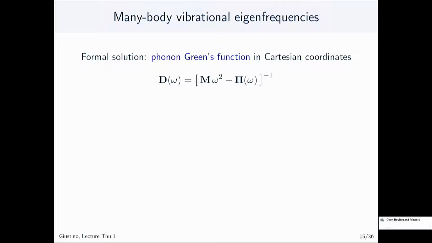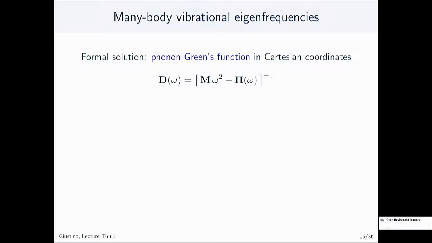If you forget the matrices, this is 1 divided by this object, and we can look at the zeros of this object to get the resonances, okay? The little issue is that this is not just a scalar. So to look at the zeros of that, we are talking about the zeros of a matrix equation.